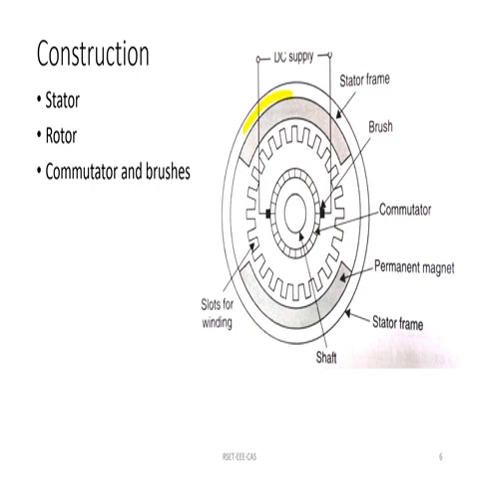So this is the stator frame on which we place the permanent magnet, and this is the rotor construction, which consists of slots, and inside these slots we place the windings, armature windings, and the end of the armature windings are connected to each commutator segments.